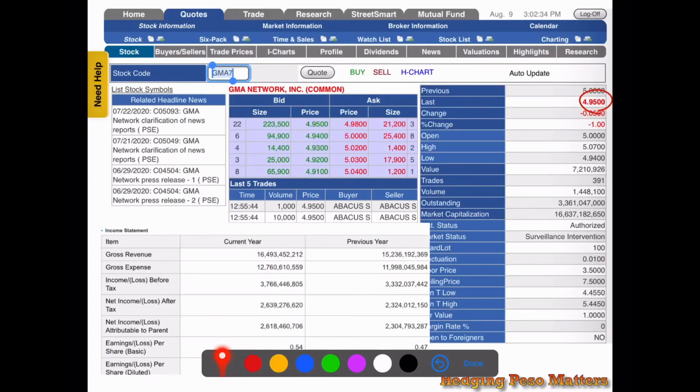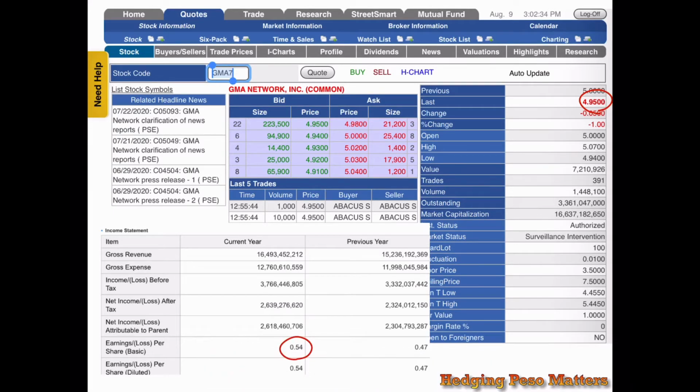Balik tayo dito. The earnings per share that we have is 0.54, as provided under the annual FS.